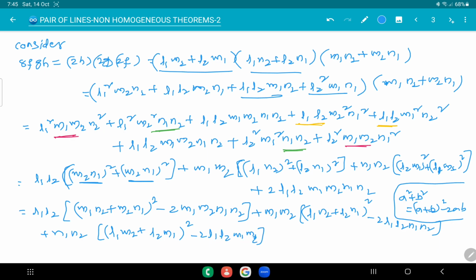The remaining two terms are as they are, plus 2 L1 L2 M1 M2 N1 N2. Let us substitute the values of L1 L2, M1 M2, N1 N2 and the remaining terms.